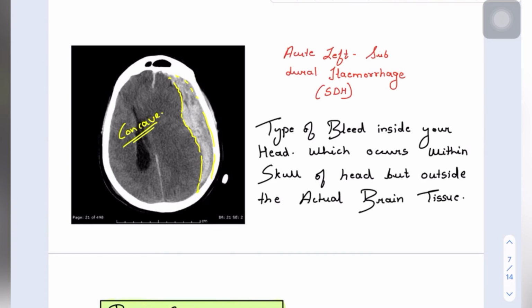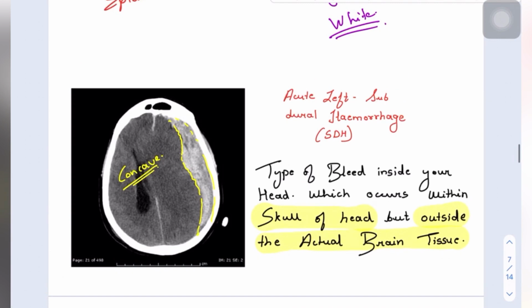Okay, so it is subdural hemorrhage. It is the type of bleed inside your head which occurs within the skull but outside the actual brain tissue. And as I told you before, the important thing, bridging veins are involved. Okay, and you can see this is right side, this is left side, so you can call acute left subdural hemorrhage.